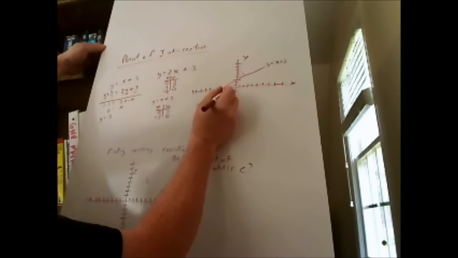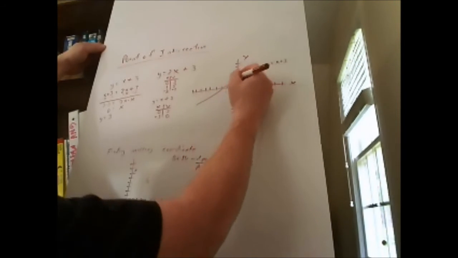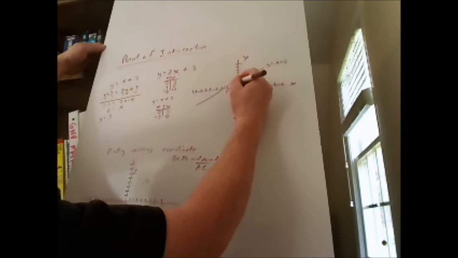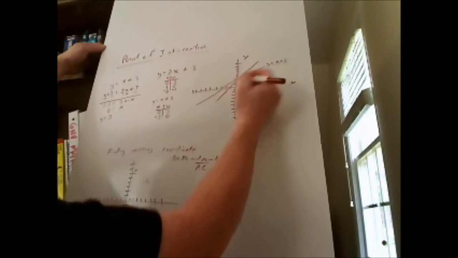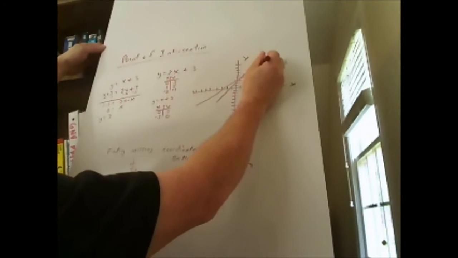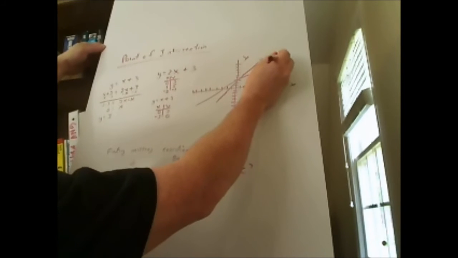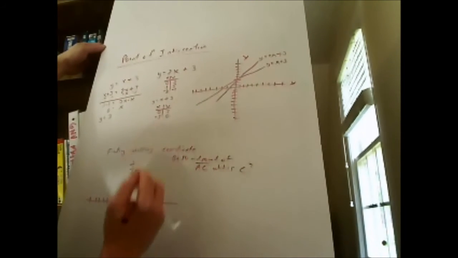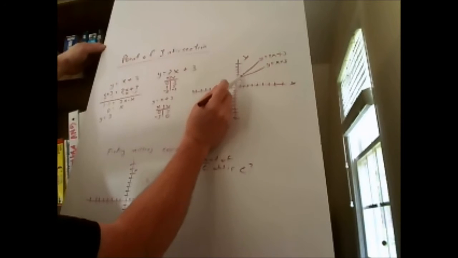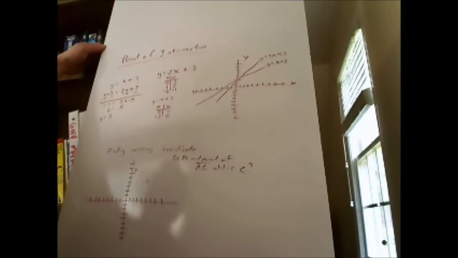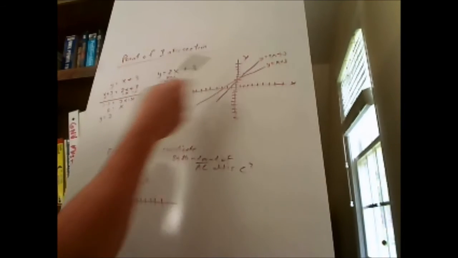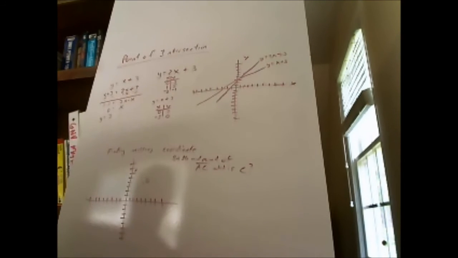So we go to x is -2, and this is -1, right there. And we draw the line. That's 2x plus 3. Again, there's your intersection right here at x is 0 and y is 3. You can do it by graph, or you can solve it the way we showed.